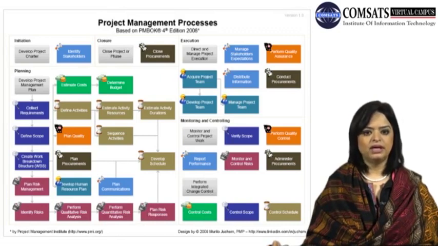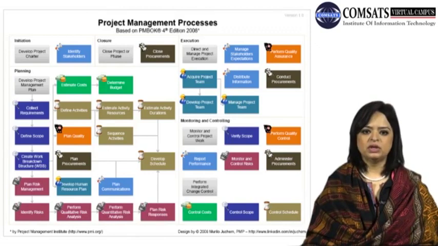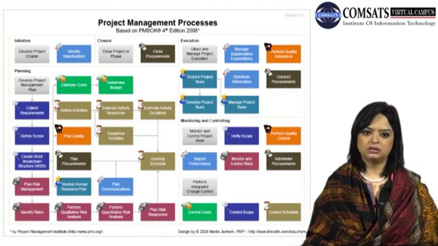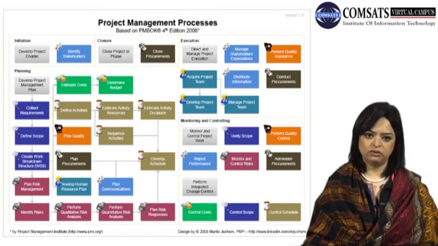It is represented by a color code of a little gray. It's a gray color. The next in sequence is development of project management plan, and obviously that particular process lies within the planning phase of the project.